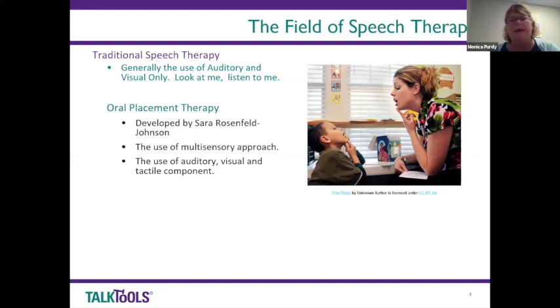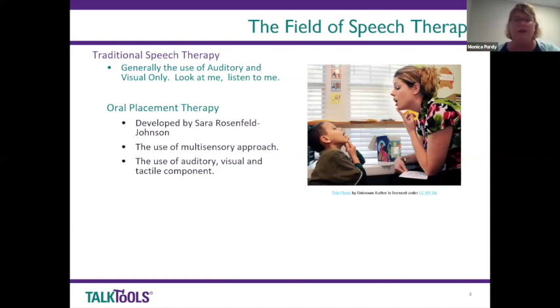So oral placement therapy was developed by Sarah Rosenfeld Johnson, who is a speech and language pathologist. She based the theory of this off of occupational therapy and physical therapy, so she takes a more muscle-based approach.